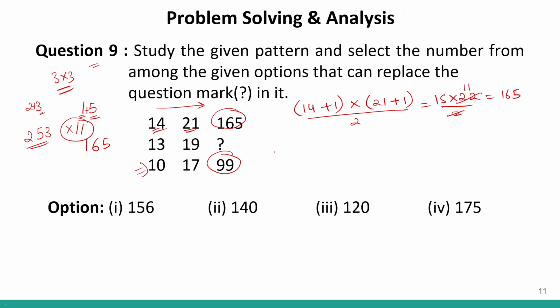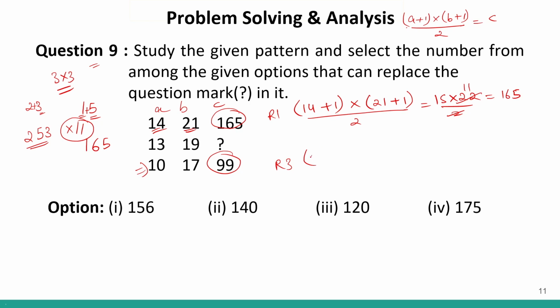Similarly, let us look over here. This was row number 1 and this is row number 3. So what I did was, if this is A, B and C, I added 1 in my A and multiplied it by adding 1 in my B. Then I divided everything by 2 and I got my C. Now let us check if it is true for row 3 as well.